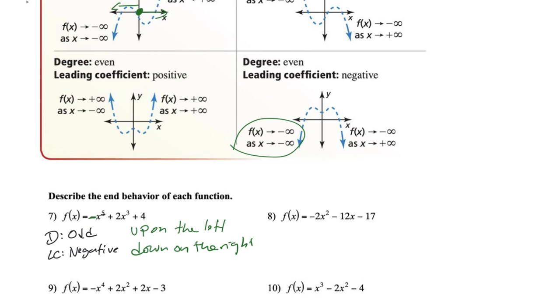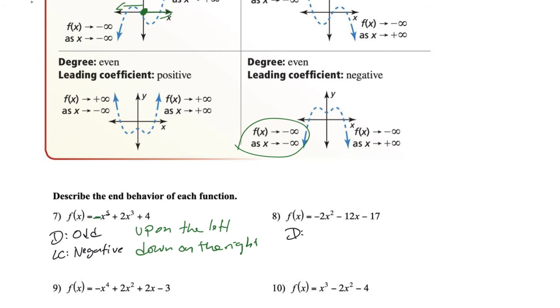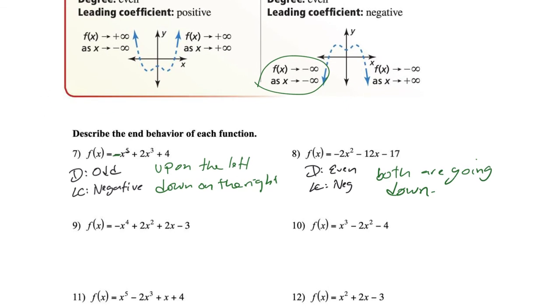Number 8, my degree is even. Leading coefficient is negative. So that means both are going down. Number 9, I got degree is even. Leading coefficient is negative. So that means again that both are going down.